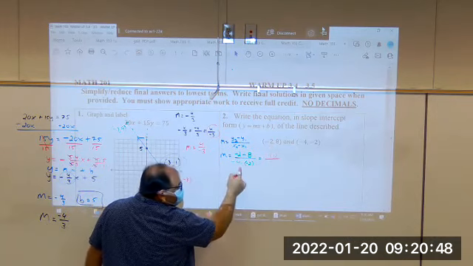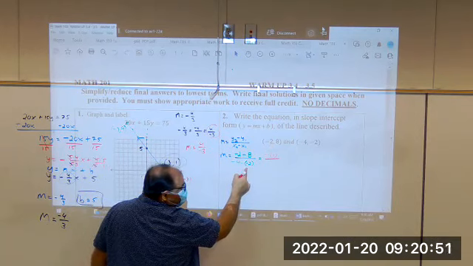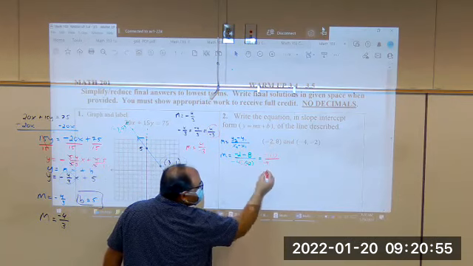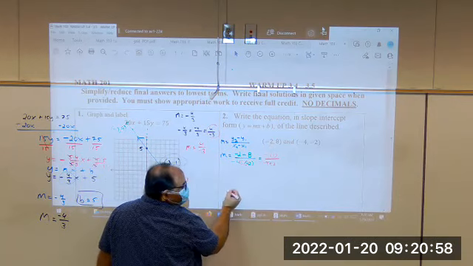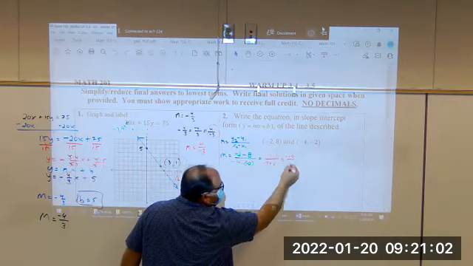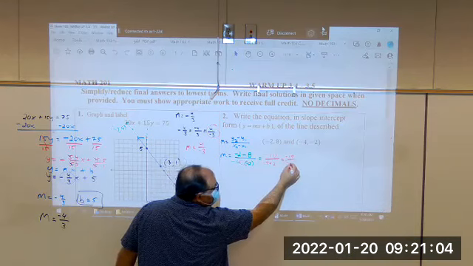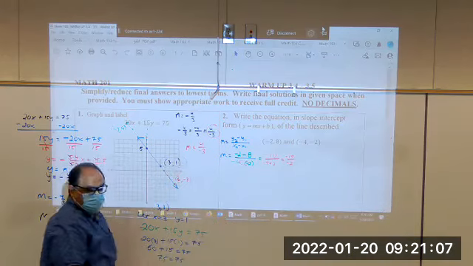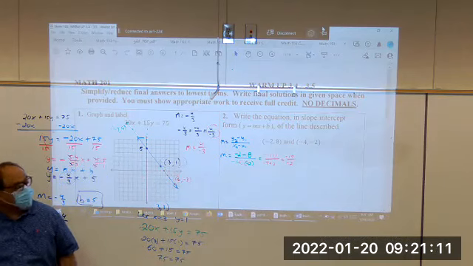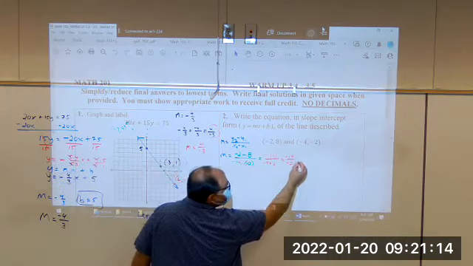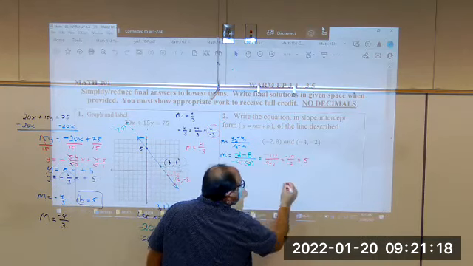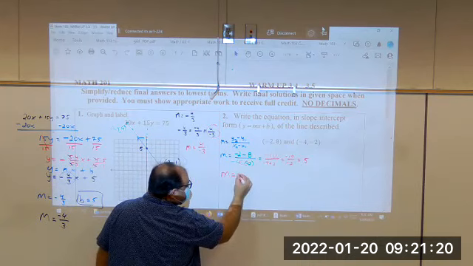Over. Simplify your signs. This is going to be -4, and that's going to become +2. So this is now -10 over -4 plus 2, which is -2. Simplify completely. A negative over a negative is going to be a positive slope. And how many times can 2 go into 10? 5. The slope is exactly 5.